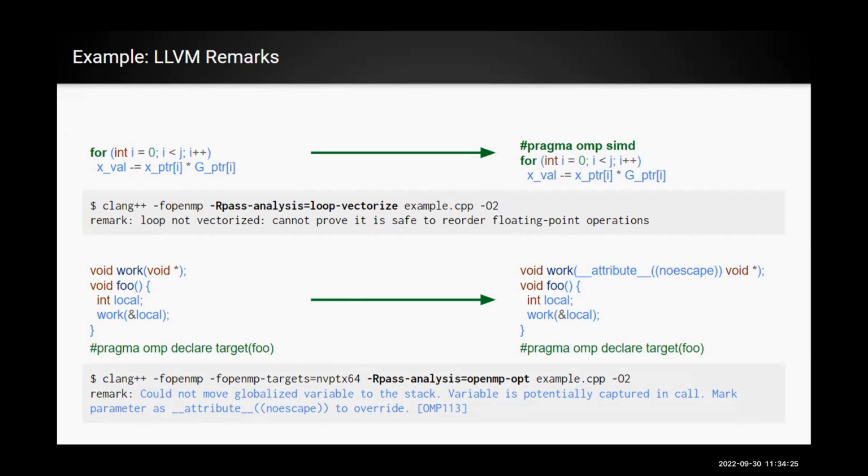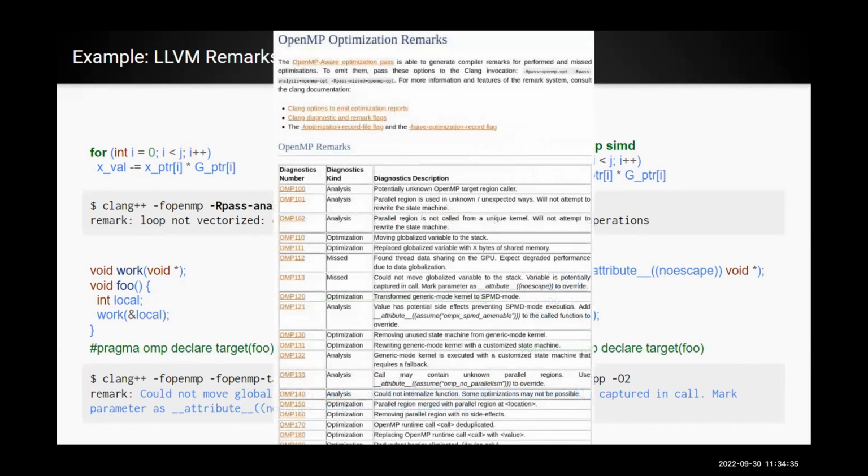There are others. And then online, on the web page, you see examples, you see an explanation: what is the problem, what's going on, what can you do about it. And this is how the web page looks. At the beginning of the web page, there are also further links to the remarks infrastructure in general, because with remarks you can use profiling data to filter them, only the ones in hot regions, so ignore all the rest, and so on and so forth.